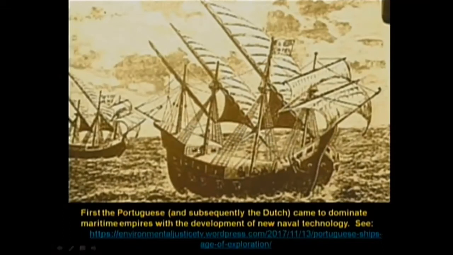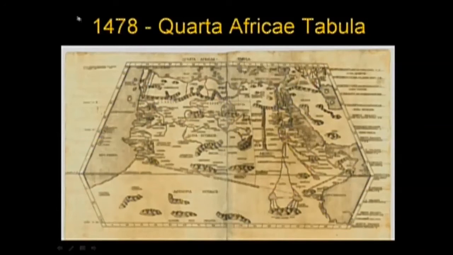Why? Well, because he had figured out how to use the sails and the keel to sail right into the wind or close to it. As anyone knows from sailing, you can't go right into the wind, but you can tack against the wind and move down the coast of Africa when the wind is coming up. Very difficult at the time, but what happened in 1420 is that he started to map these coastal areas of Africa.